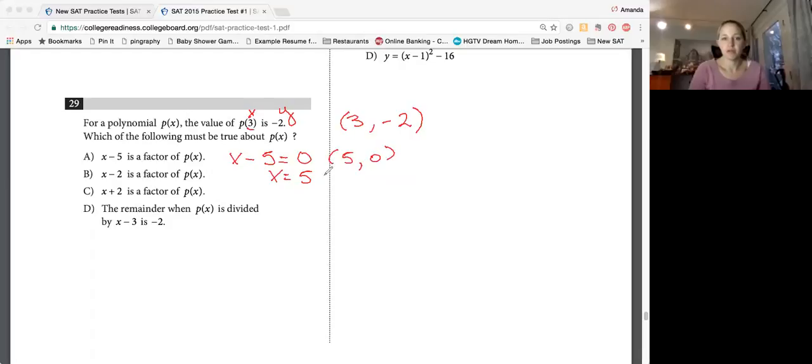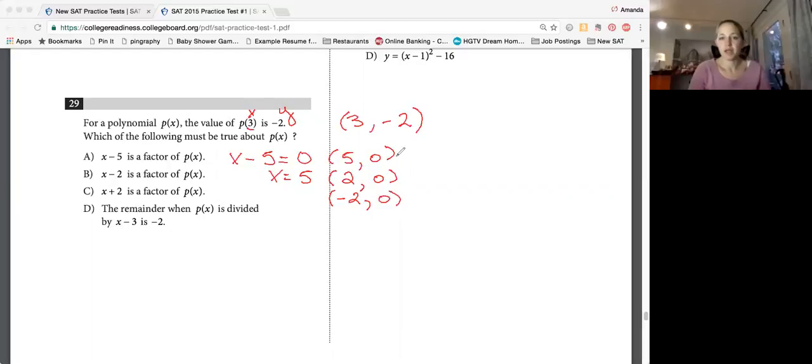Similarly, we could apply that to B, and our factor is x minus 2, which means our point is (2, 0). Same thing in C: my factor is x plus 2, which means the coordinates of that point are (-2, 0).